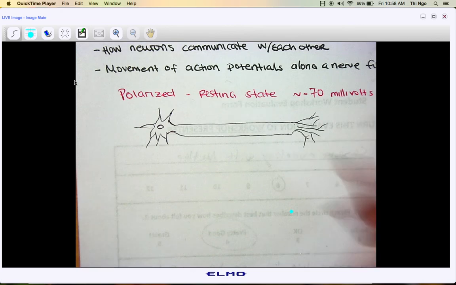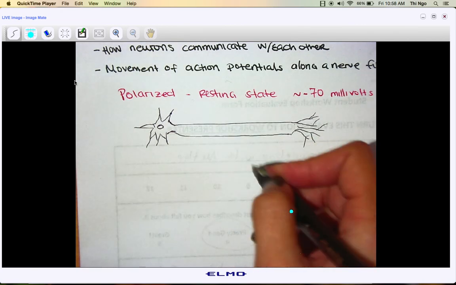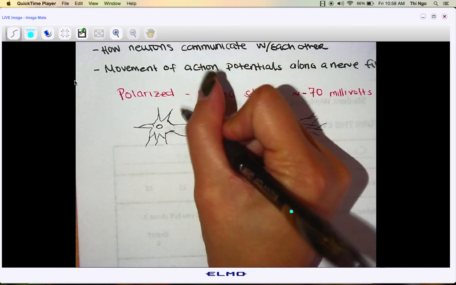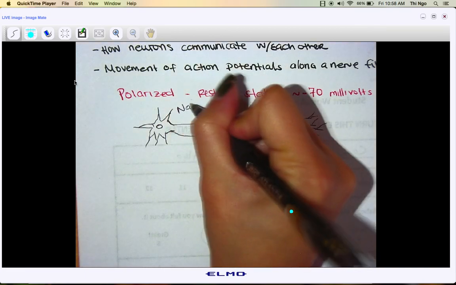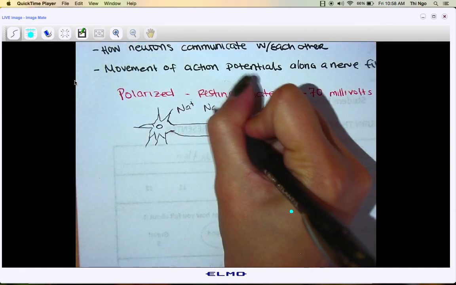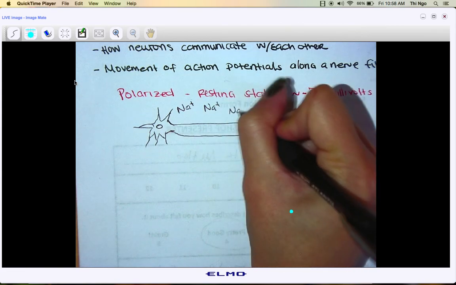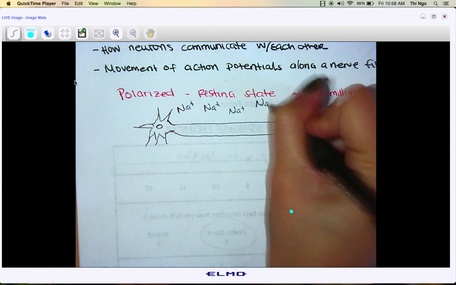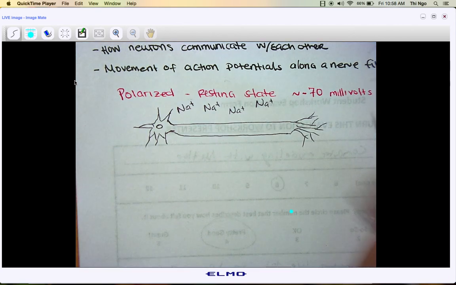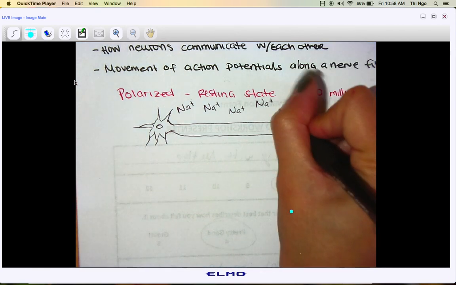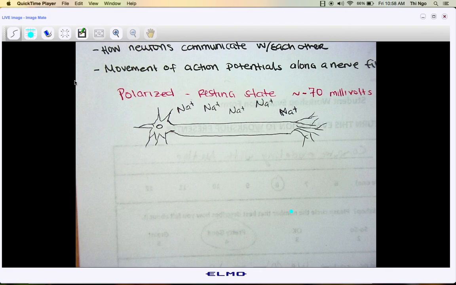Okay. So usually on the outside of your cell here, you have an environment that is super sodium concentrated. Lots of sodium hanging out. And on the inside of your neuron, you don't have too much sodium.